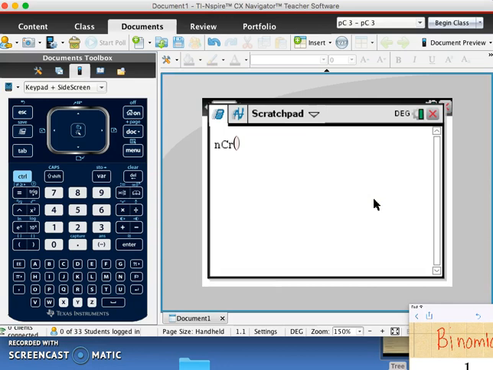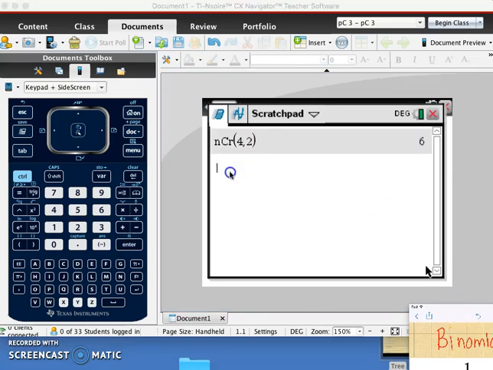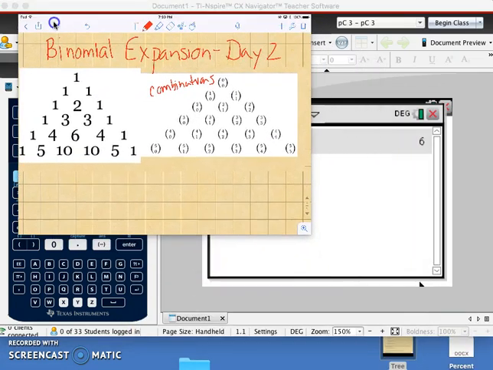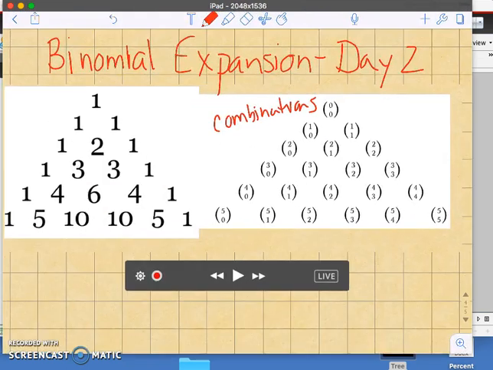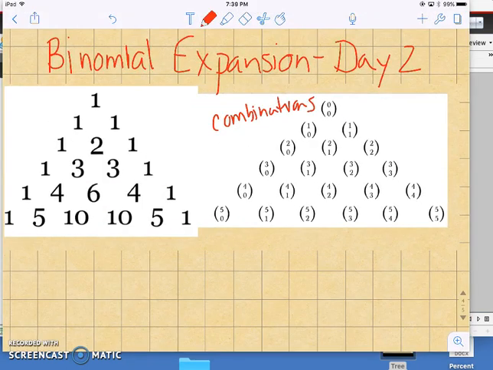If we wanted to find 4 choose 2, you do 4, comma 2, and 4, comma 2 is 6. If we go back to this window, this number is 6.